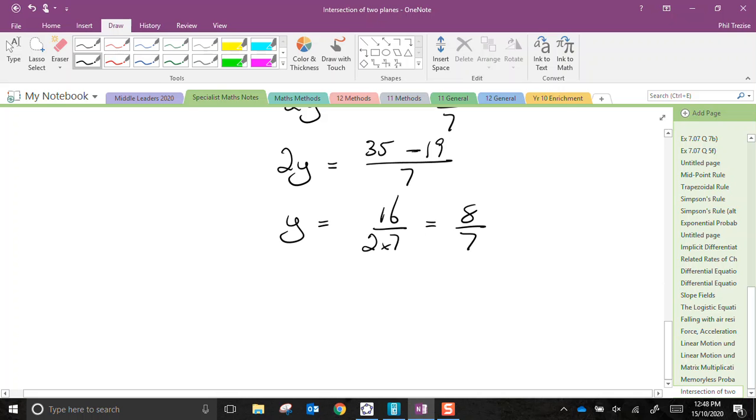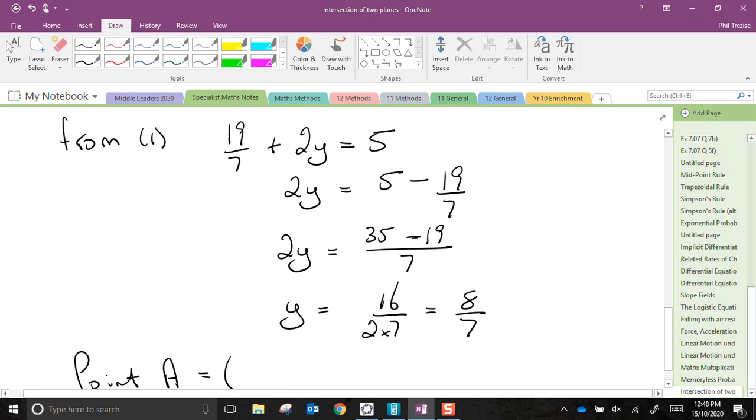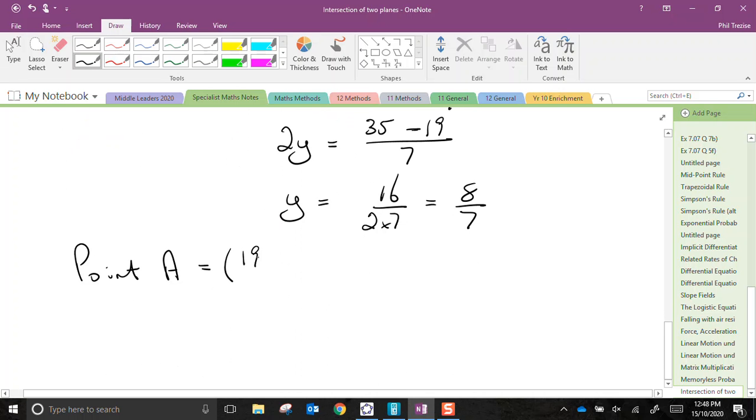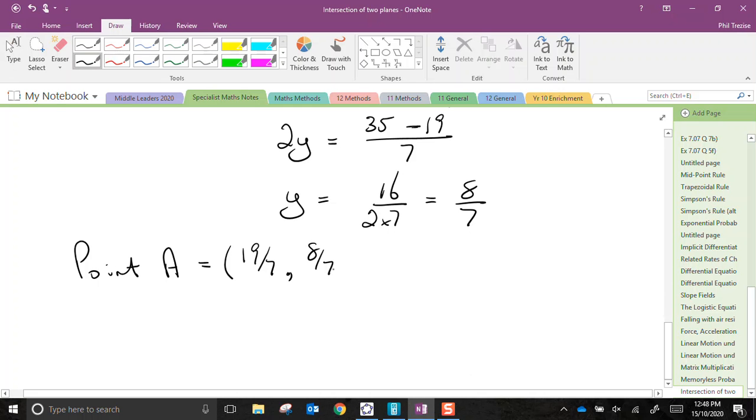That becomes 8 over 7 for y. So a point on my line of intersection, let's say point A, we might as well give it a name. X was 19 over 7. Y is 8 over 7. And remember, we arbitrarily chose that z equals 0.